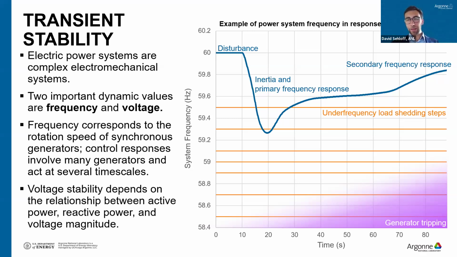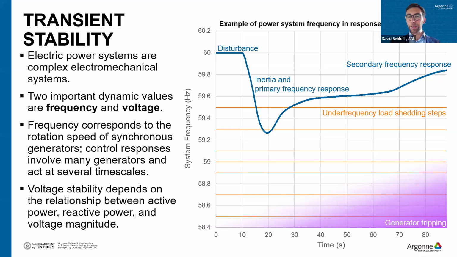And there are a lot of steps here that if we get below a certain frequency, undesirable things start to happen. There are under frequency load shedding steps that are defined. So if we cross a certain line, then some loads on the system are shed to help bring the system frequency back up. And this is where inertia comes into play.